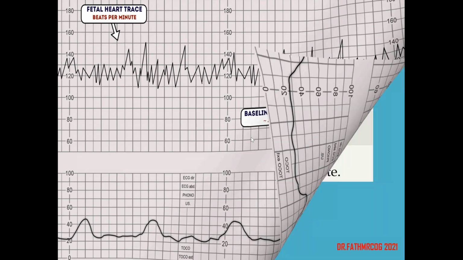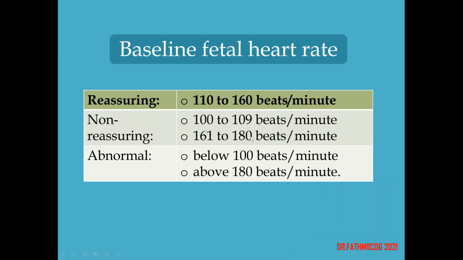What about the baseline fetal heart rate? We classify the baseline fetal heart rate as reassuring, non-reassuring, or abnormal. It is reassuring if the fetal heart rate is between 110 and 160 beats per minute.